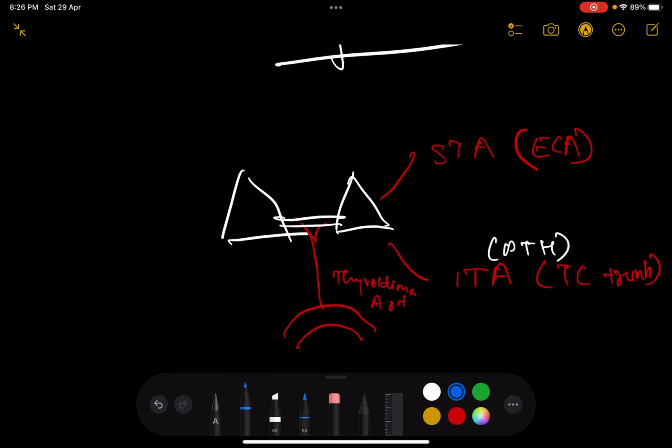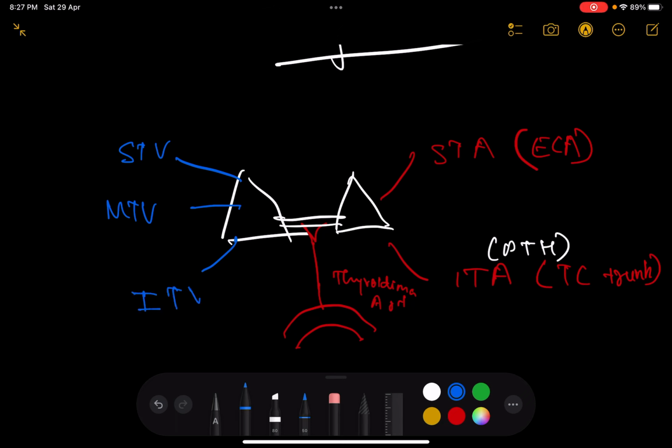Then we have the venous drainage. Again, the venous drainage is super important because we do not ligate directly the artery. We go first to ligate the veins because they are more superficial and of lesser pressure, so you can definitely ligate them. So first vein that you ligate is your middle thyroid vein. So you've got your middle thyroid vein, you've got your superior thyroid vein, and you've obviously got your inferior thyroid vein, right?